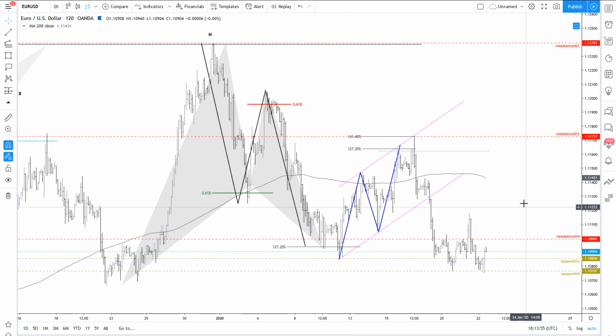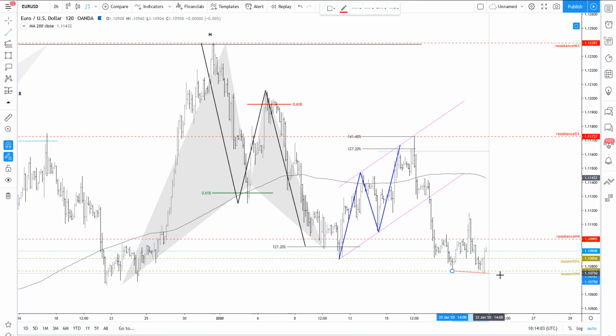Basically, the idea for a recovery from these lows will start to vanish if the price breaks below this previous and most recent support level. Obviously, we need to see a clear attempt of a recovery on euro versus dollar from these levels.